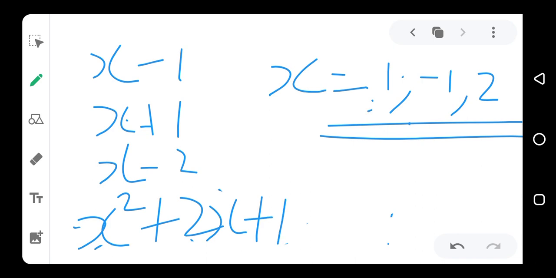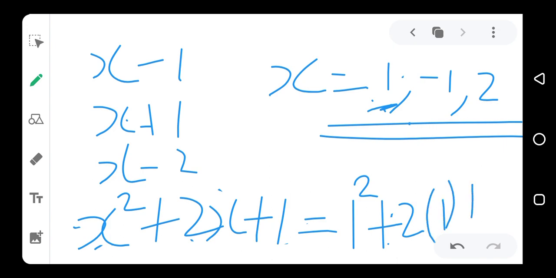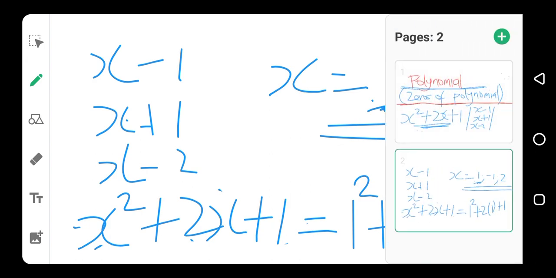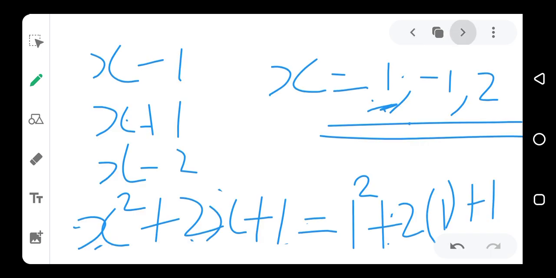If we start with x equal to 1, let's use 1 to replace the variable x. Now we are going to have 1 raised to power 2 plus 2 times 1 plus 1. 1 raised to power 2 is 1.